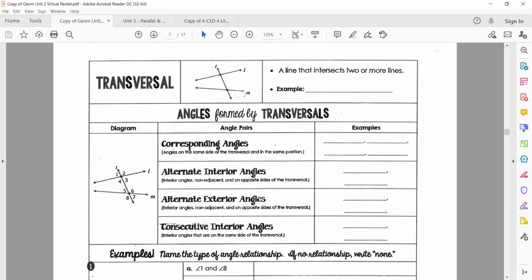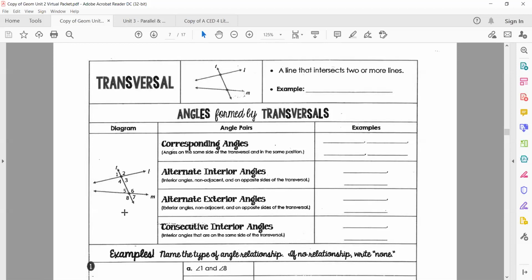Okay, now these next two, alternate interior, alternate exterior. Well, the first question I get a lot of times is, what interior? This is not even a closed shape, right? It's not a box. It's not a triangle. It's just some lines.